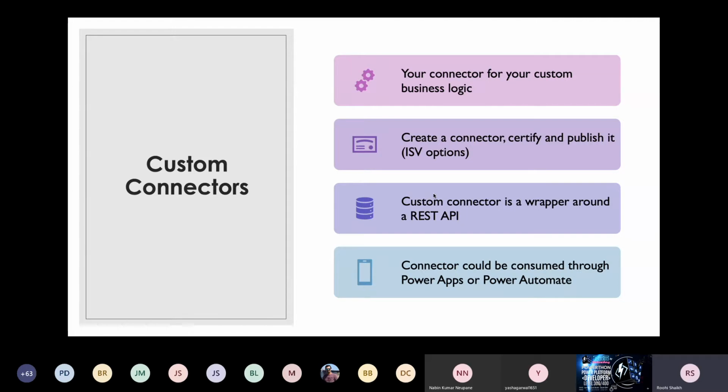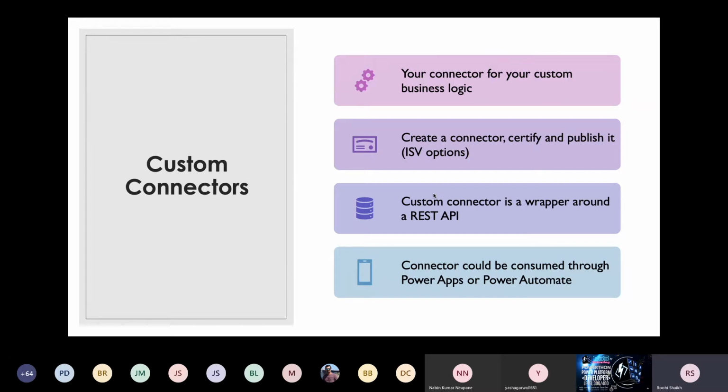So again, a custom connector is nothing but a wrapper around a REST API. It is an easy to use component for your power users, but behind the scenes, it is your REST API, pro code, .NET code written function.